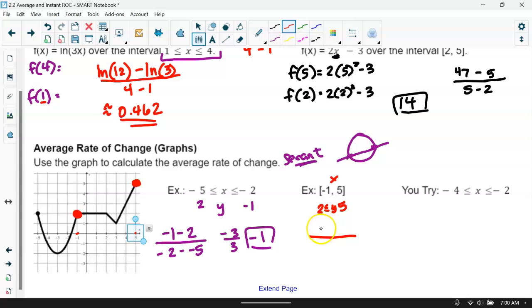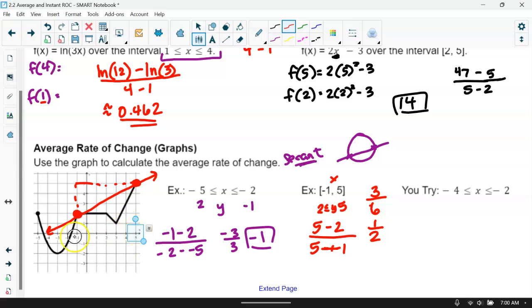So here again, change in y's, 5 minus 2 over the change in x's, 5 minus -1. Because notice, we are finding the slope of this line here. We're cutting through our graph, the secant line. So this is 3 over 6, which is 1/2. Again, notice slope of our secant line.